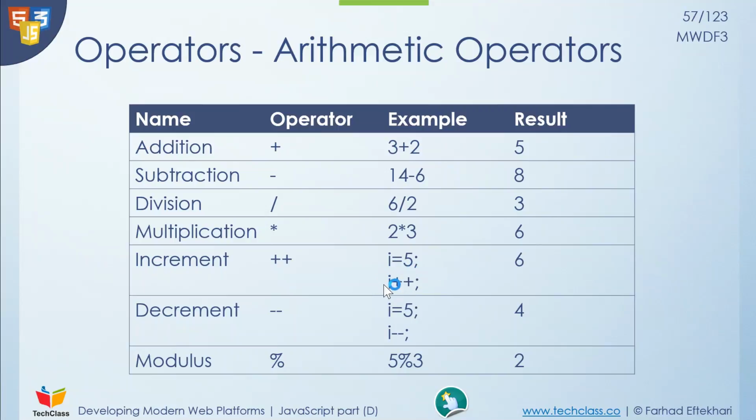We are adding 1 to the previous value of the I variable here. And here in this example, we are reducing 1 from the previous value of that variable. And here we can see how much will be left if we divide it by 3. So the value will be 2.